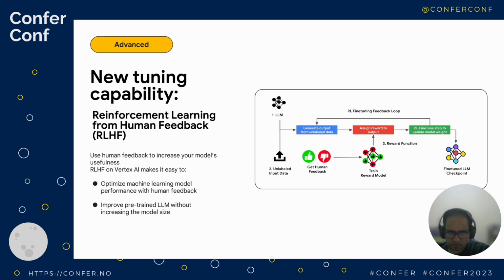Reinforcement learning from human feedback, or RLHF, is the same thing which OpenAI also used for its GPT-3.5 and GPT-4, and it helps optimize machine learning model performance with human feedback. It improves the pre-trained LLMs without increasing the model size, which is hugely beneficial.